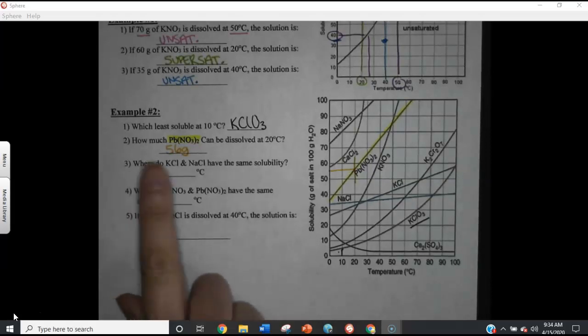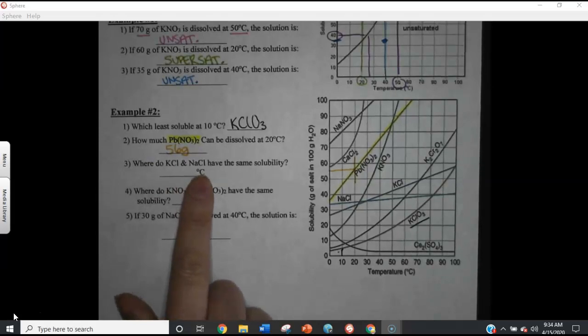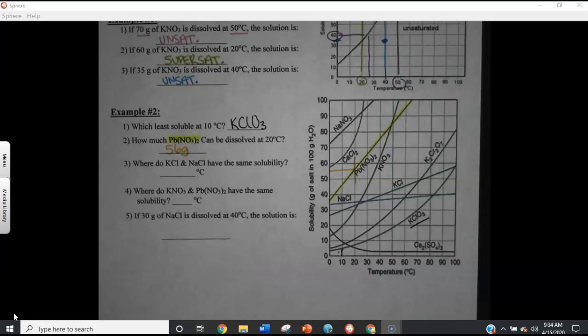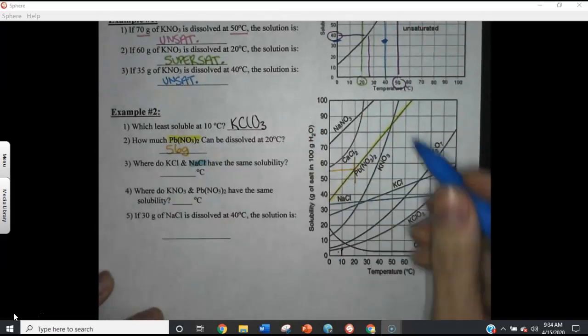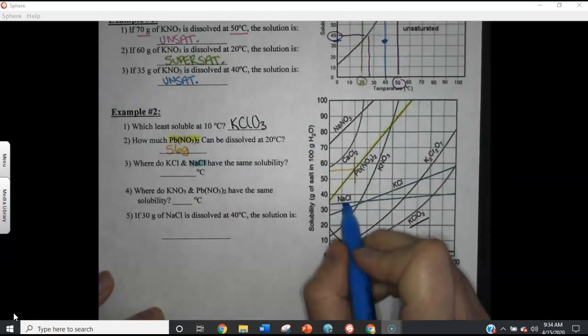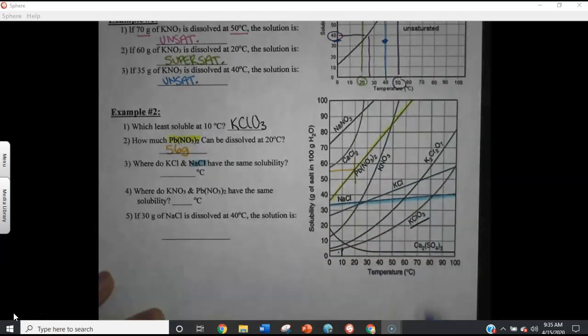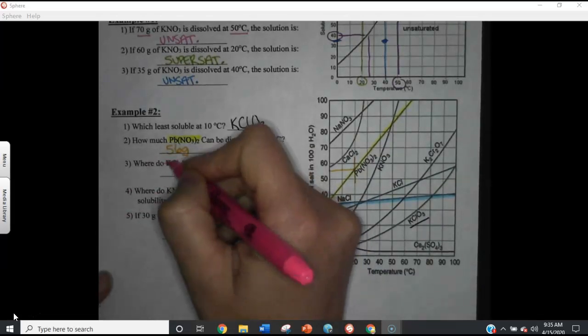Number 3 says, where do KCl and NaCl have the same solubility? Now really what we're looking for here is the intersection of the graph. So again, I'm going to take out some colors and randomly pick and say NaCl is going to be blue. So I see NaCl here, it's above this line, and I'm just going to highlight that in blue so it stands out to my eye a little bit better. And for KCl, I'm going to go with pink because I have a pink highlighter right here.